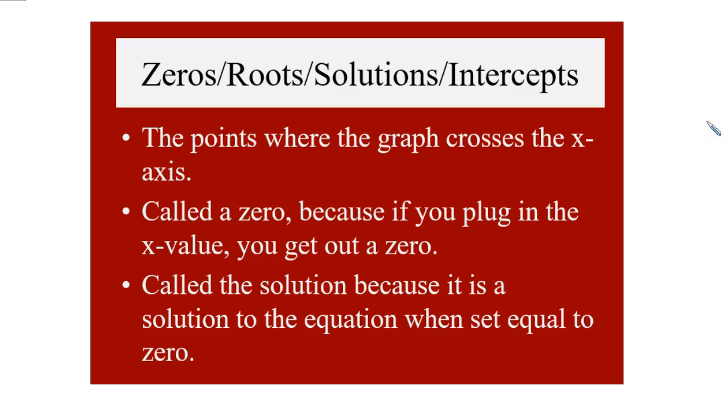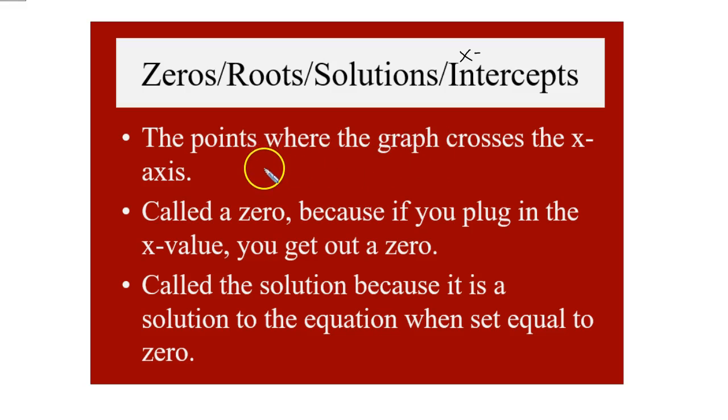Another thing that you are expected to know and be able to find are called zeros. We also, just to confuse you, call them roots. So zeros, roots, solutions, and intercepts. More specifically, we're talking about x-intercepts. These terms all mean something slightly different, but we use them interchangeably when we are talking about the point where the graph crosses the x-axis.